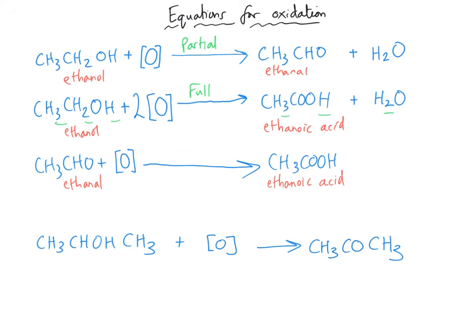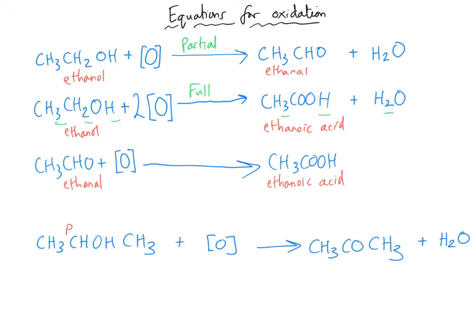CH3COCH3. In terms of balancing, let's just count our atoms. 3, 4, 5, 6, 7, 8 hydrogen, 3, 4, 5, 6 hydrogen in the products. And so it's quite clear that we need water as our second product. Just count up the oxygen atoms, 1, 2, 1, 2. So we're balanced for oxygen.